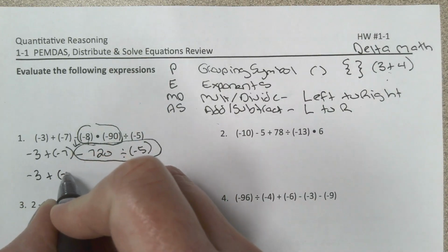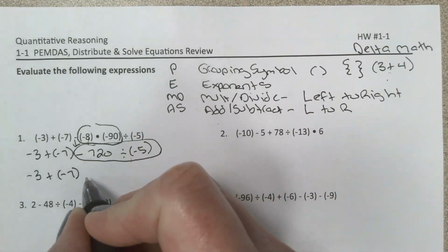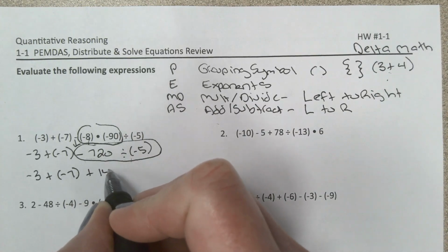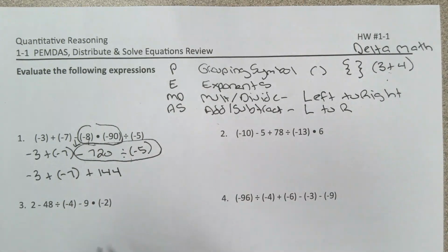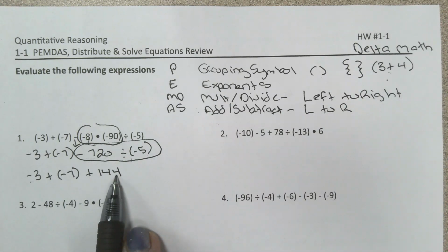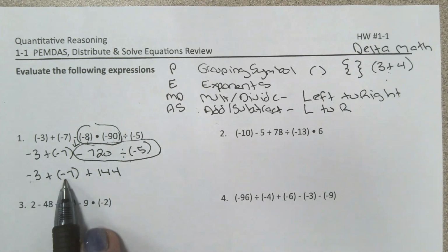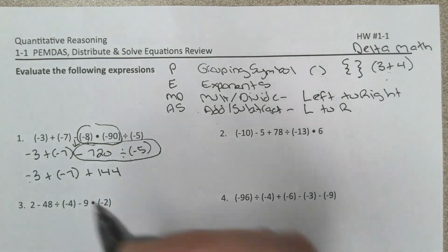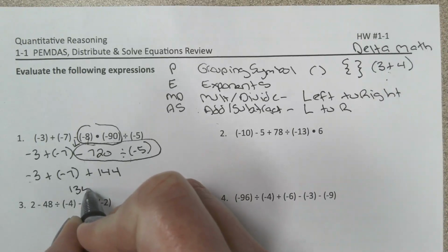Negative 3 plus negative 7, and that is 144. Now we had addition and subtraction, so you can just run this in your head or in your calculator, left to right. That's negative 10 plus 144 is 134.